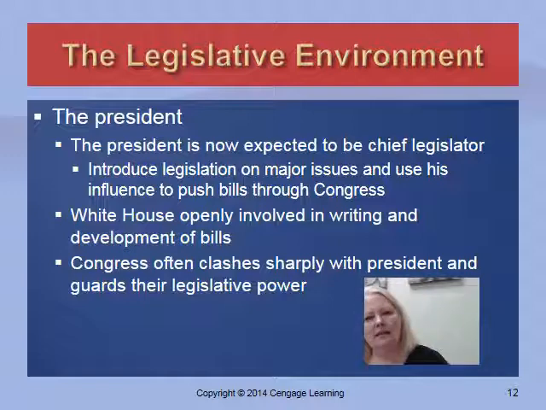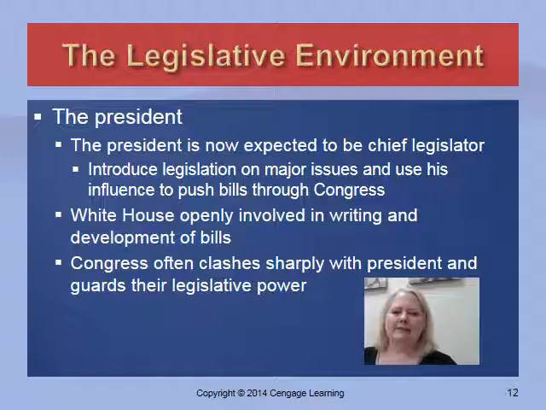So as the president makes those promises, that starts to write the party platform for the party that the president happens to be involved in. So at that point, those promises become key influences in legislation that will be promoted.